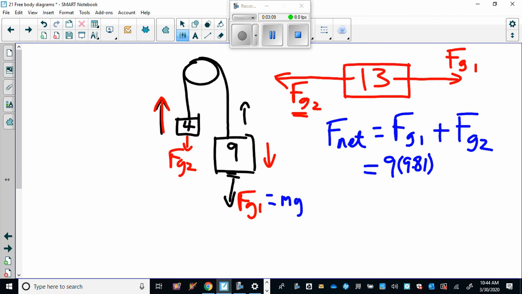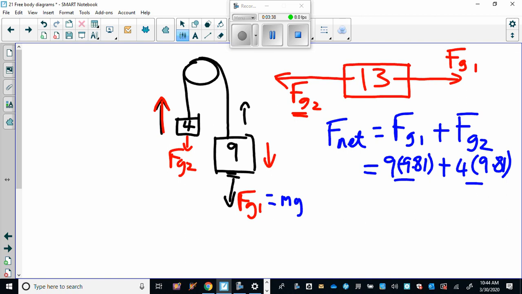And since this one is going down, I'm going to make that negative. Fg2, since this mass is accelerating up, 4, I'm going to make it positive. Even though we've said in previous lessons gravity should always be negative if it's going down, in this specific problem there's an exception, because we have to acknowledge that these forces are in opposite directions. Therefore, one has to be negative and one has to be positive.